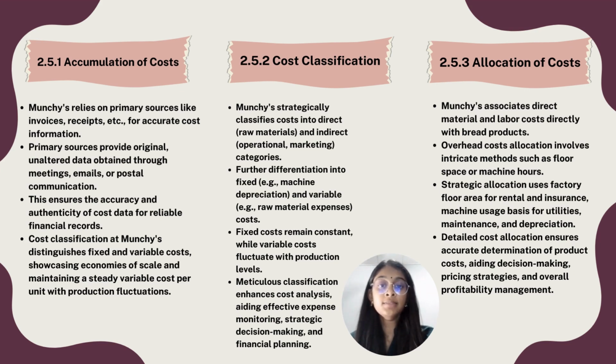The next one is cost classification, where Munchy's classifies costs into direct, which is raw material, and indirect, operational and marketing categories. These are further differentiated into fixed, which is machine depreciation, and variable, such as raw material costs, where fixed costs remain constant while variable costs fluctuate with production levels.